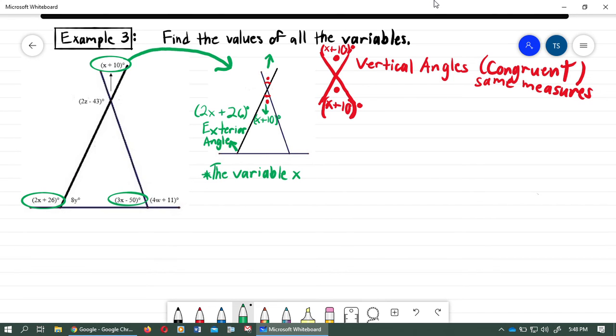All right, so the exterior angle was 2x plus 26. This interior angle at the top is x plus 10, and this other interior angle right here at the bottom on the right side was 3x minus 50.